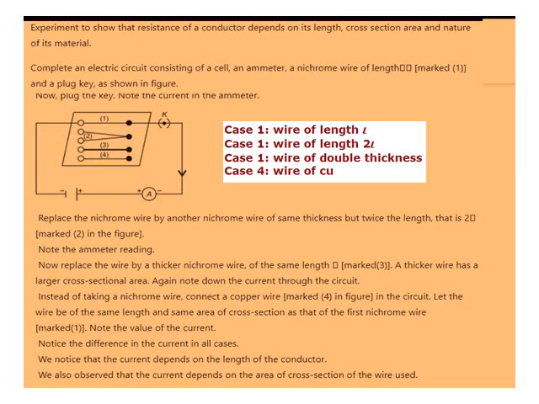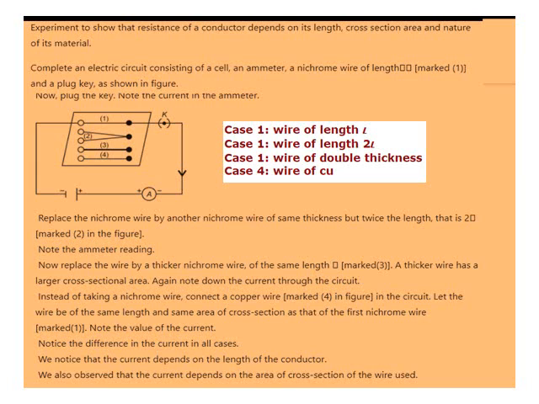Number 2 is to replace the nichrome wire by another nichrome wire of the same thickness but twice the length, that is 2L, marked as 2 in the figure. Now note down the ammeter reading.